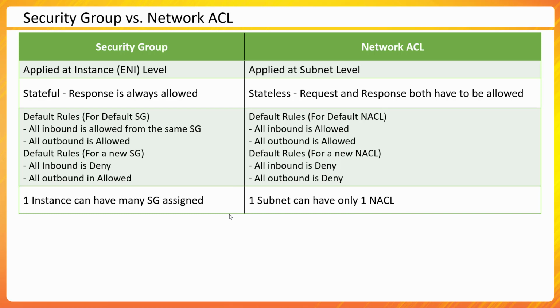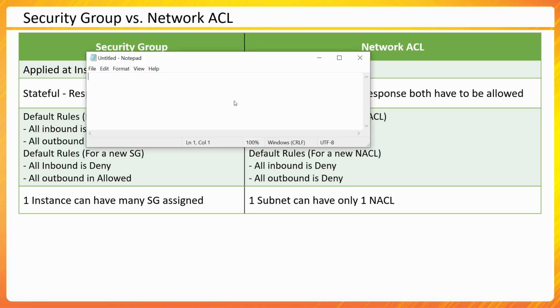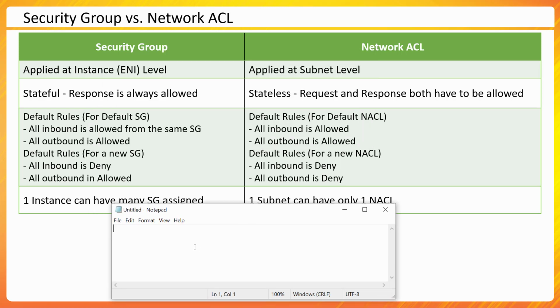Now, what happens if there is a situation where there are conflicting rules? Let me give an example. Let's say, or maybe tell me if you think this is possible or not. What if I have a rule, because we can apply multiple SGs, so I have SG01 applied, which says allow port number 80. And I have SG02 applied, which says deny port number 80. What would happen?